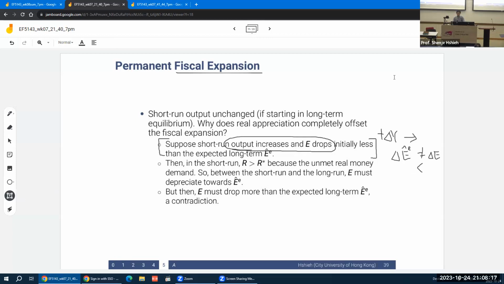So in the special case in which you have R equals R star, what I'm saying is that if the decrease in E, so again, it's a decrease because we're talking about the currency getting stronger, right?